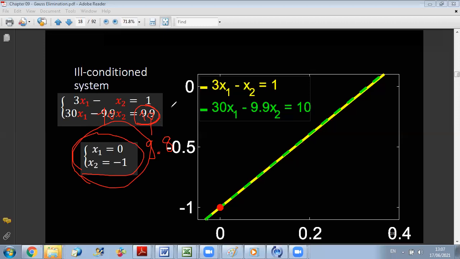If I am uncertain by just 1%, my solution will be much different. This is called an ill-conditioned system because any small variation in the numbers will cause a very high variation in the solution. So I cannot have even a small range of uncertainty in this case.